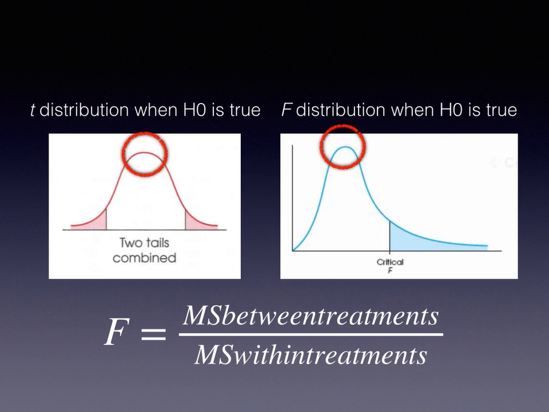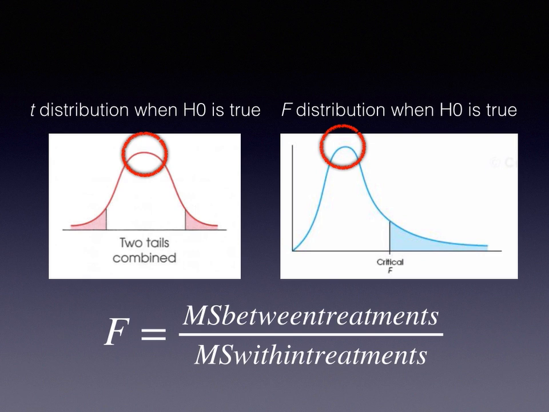But in the F distribution, you're not dividing 0 by a positive denominator. You're dividing this between treatments variance, mean squared, which essentially is a measurement of treatment effect, individual differences, and chance, variability due to those three things. If the null is true, there's no treatment effect, so it's individual differences and chance.